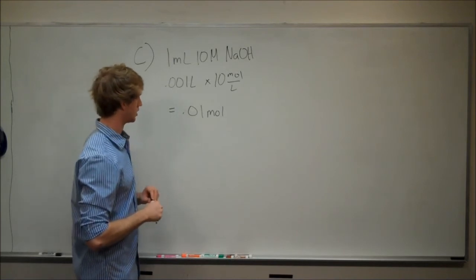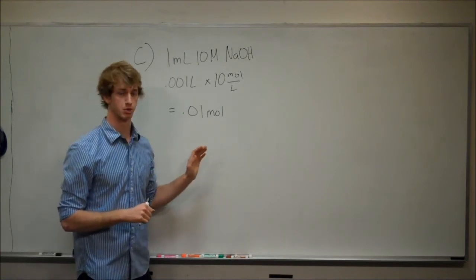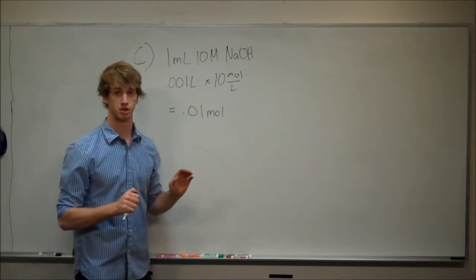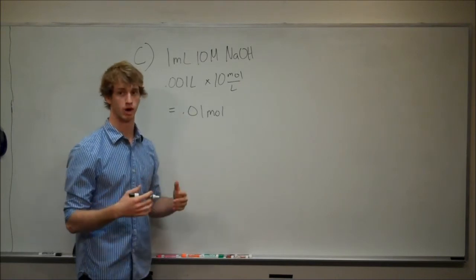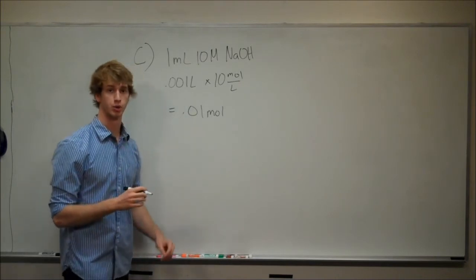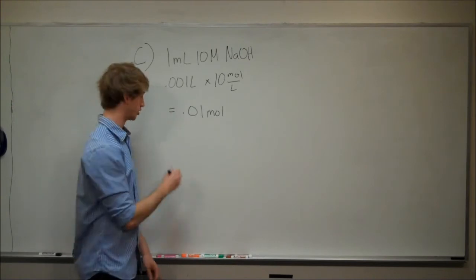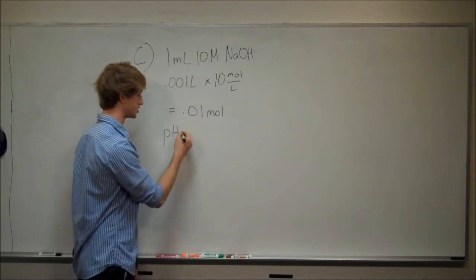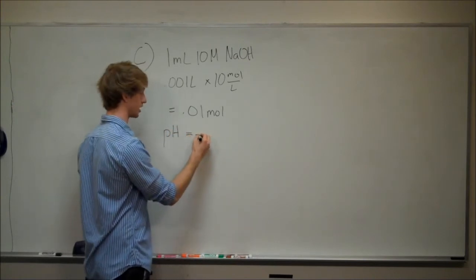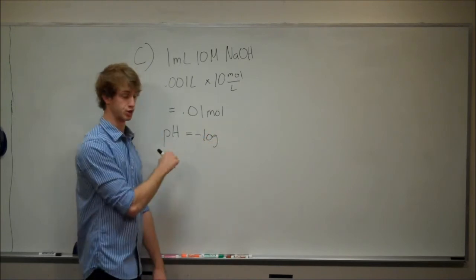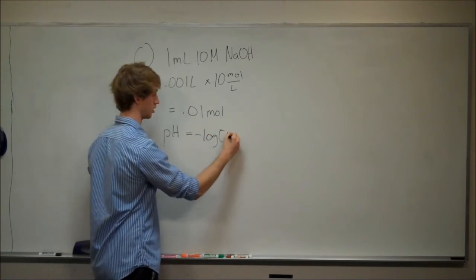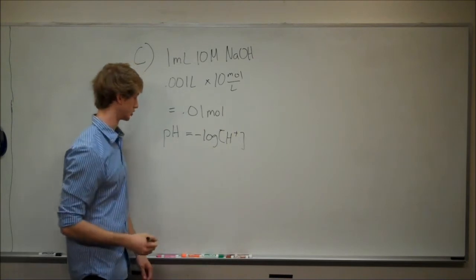And now, as you can see, there's no buffer, so we're not using the Henderson-Hasselbalch equation. Instead, it's a little bit simpler, but first we have to derive some equations we're going to use. First thing you need to realize is that when you have p anything, like pH, really what this means is it's negative log of the concentration of H plus, the protons in solution.